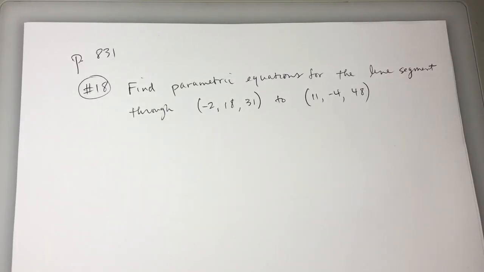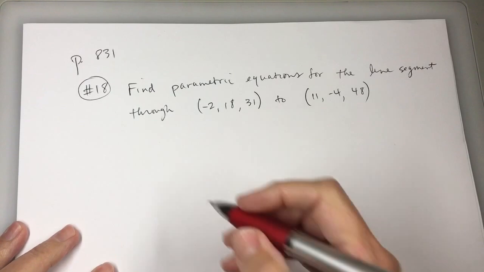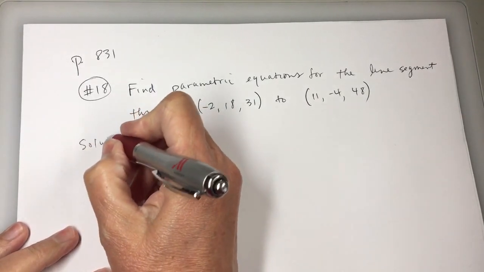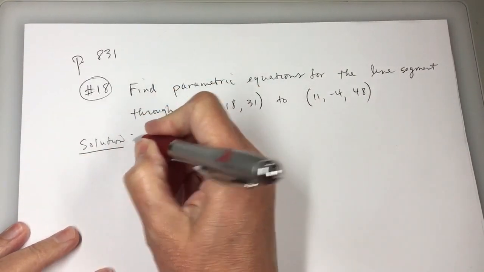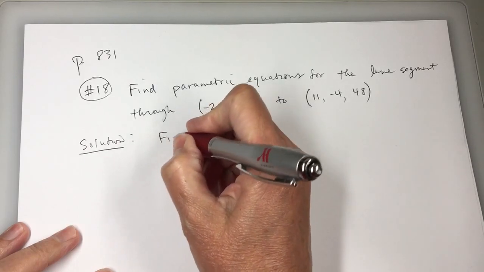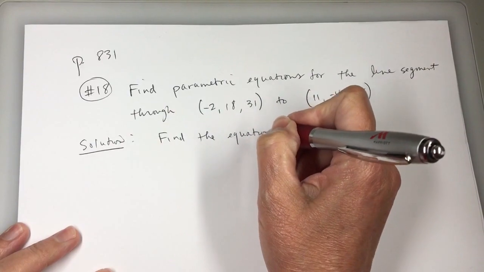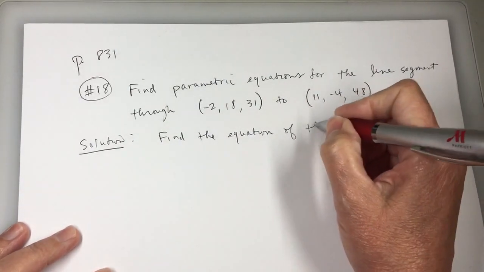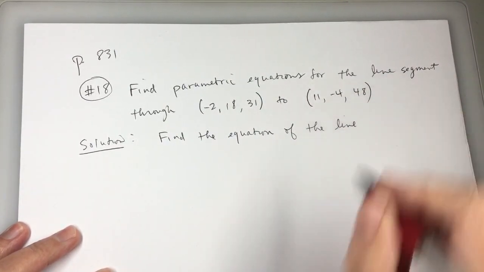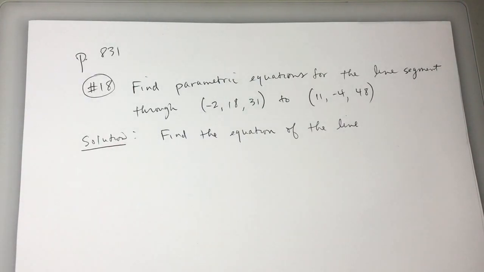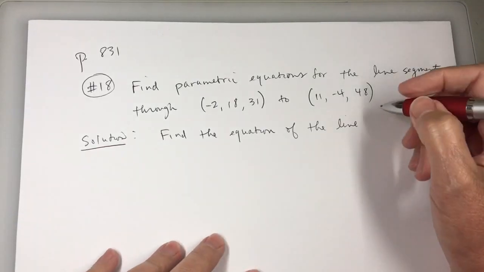If I'm going to find the equation of a line segment, I'm going to need to find the equation of the line. Solution: I need to find the equation of the line. And then if I want to find just a line segment, I will need to restrict the values of t.